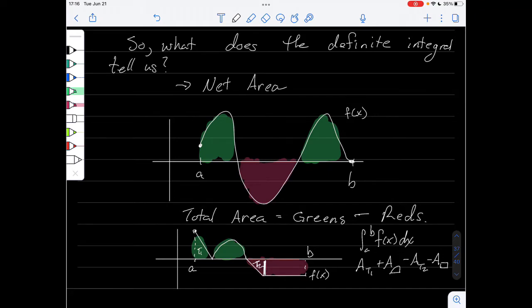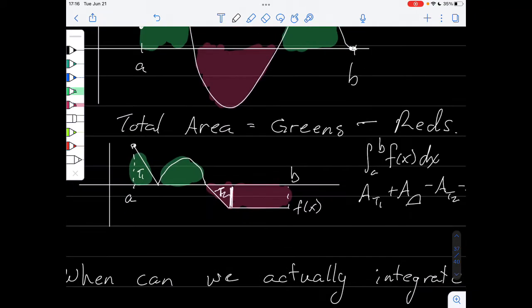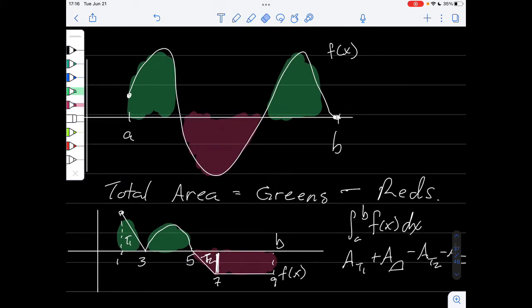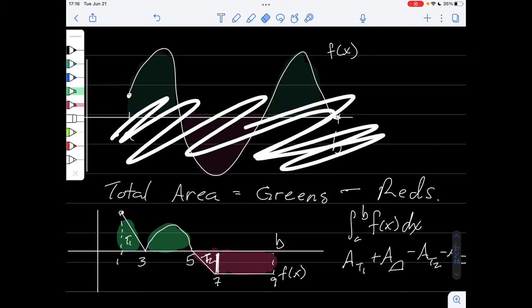And if we make this even more concrete, let me zoom in here. Say this was 1 to 3, and this was 3 to 5, this was 5 to 7, and this was 7 to 9. The area here is going to be, let me find some room. I'll just clear this off.